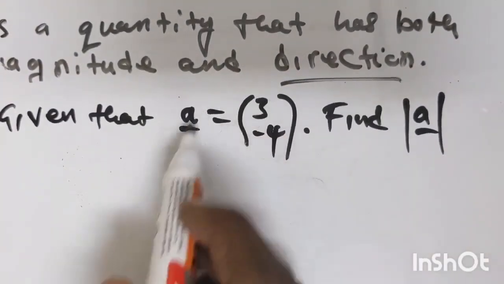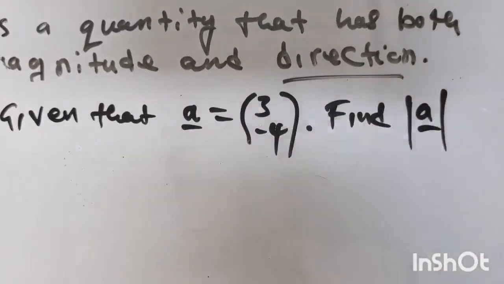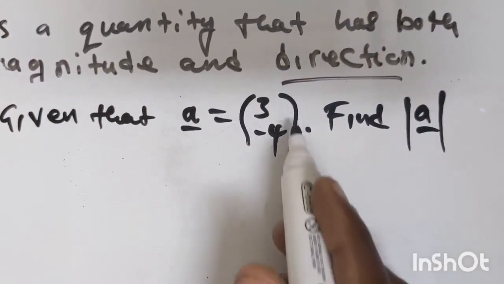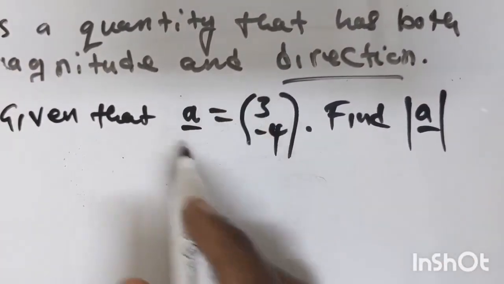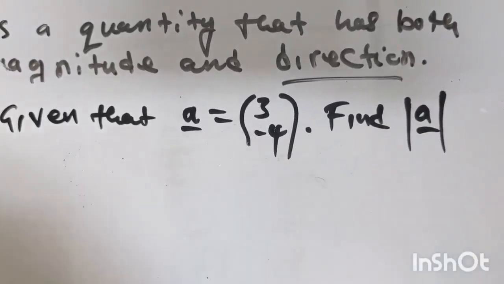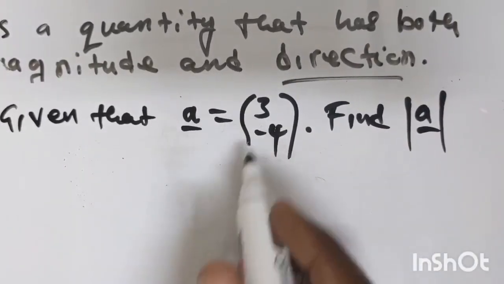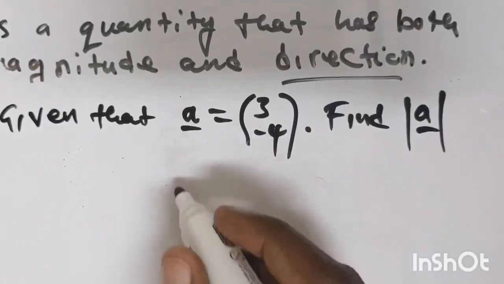So when you have a vector, you are given this as a vector, and you want to find the magnitude. So use this same vector to find the magnitude. How do you find it?